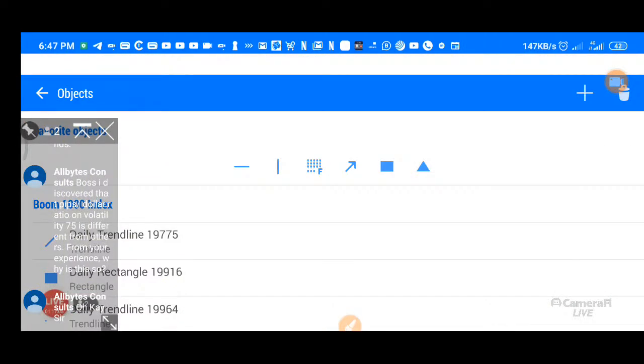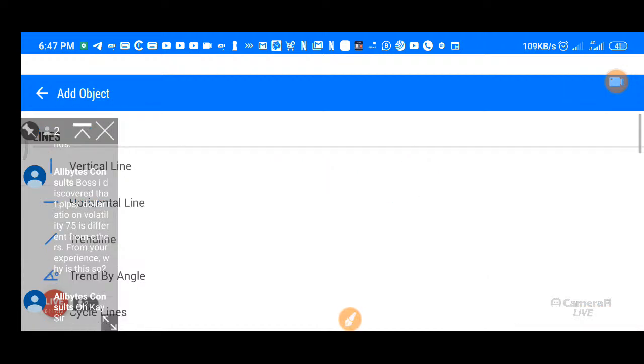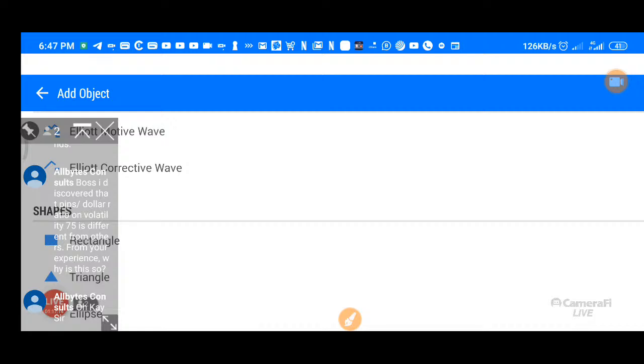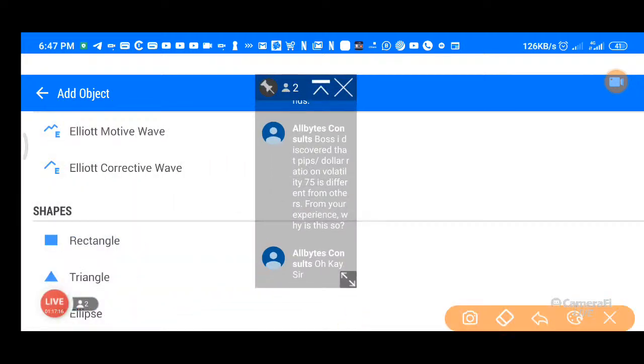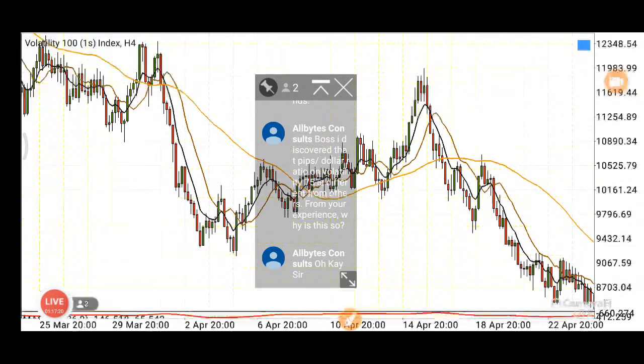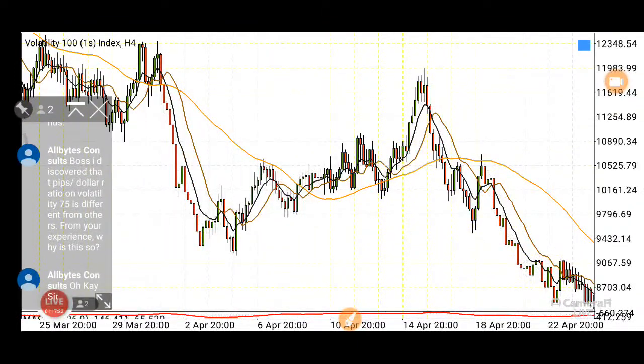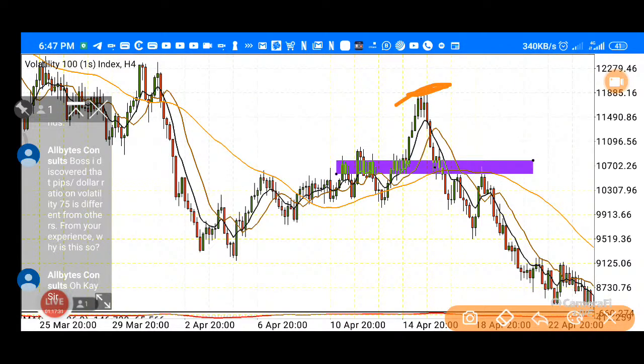This rectangle, if it is not here, click on this plus button to add it. This here, there it is. So this is how to draw zone. So this is a resistance, right? This is a resistance.